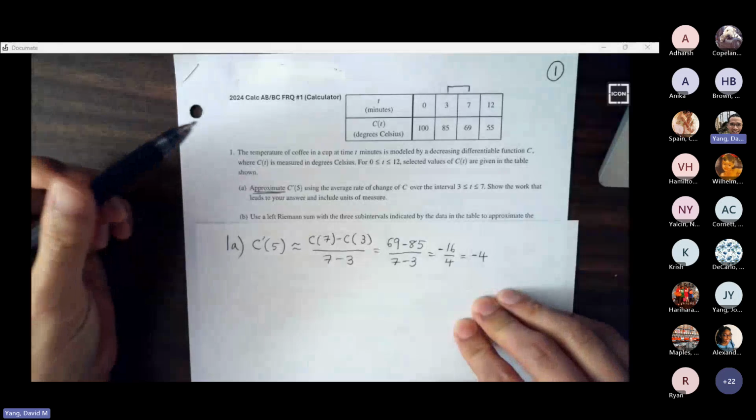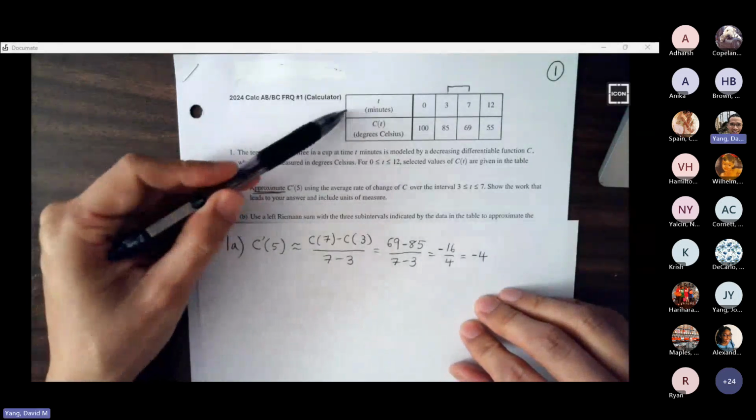And our units of measure are degrees Celsius per minute.